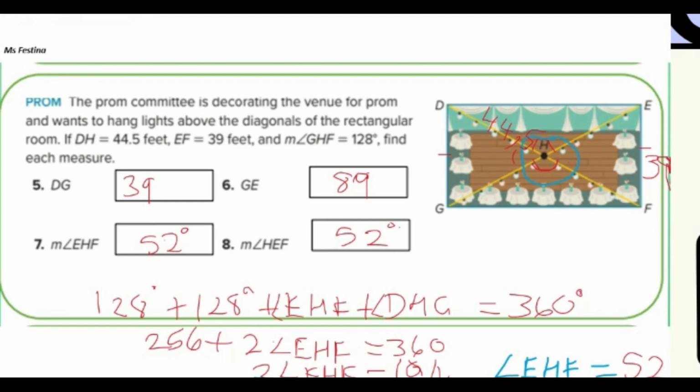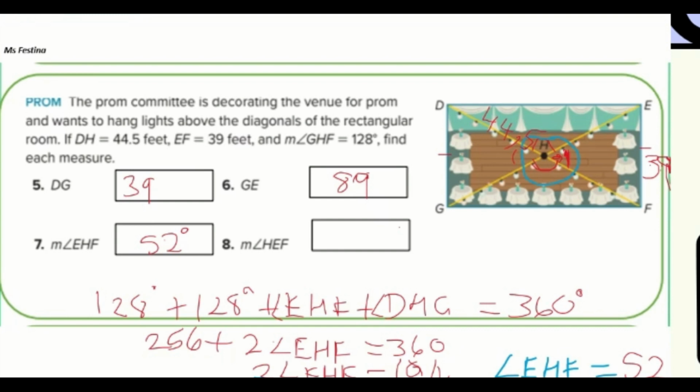Okay, so angle HEF there. So let's just find it. We already know the measure of this angle here, angle EHF, and we know the side there, and also that side.